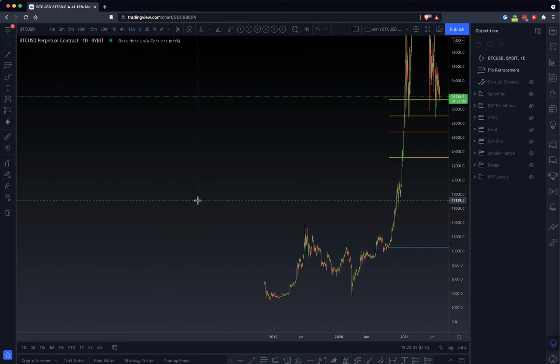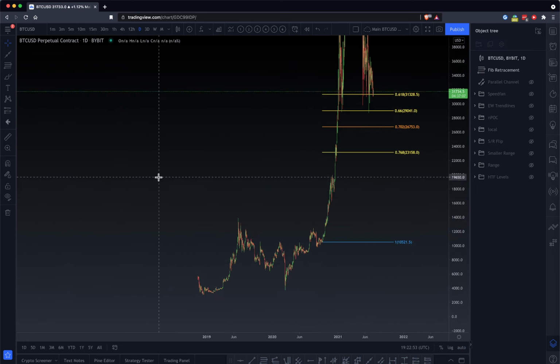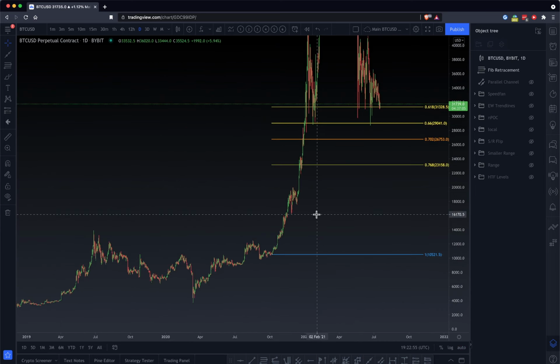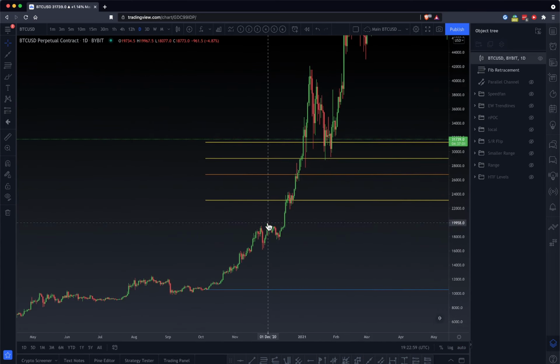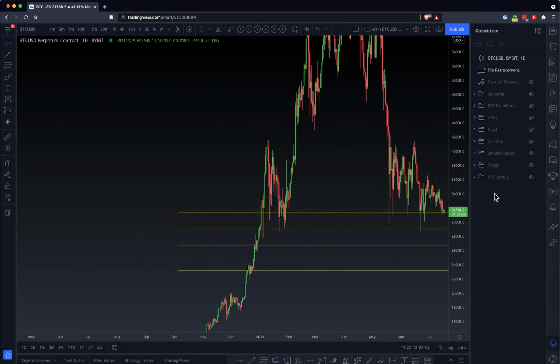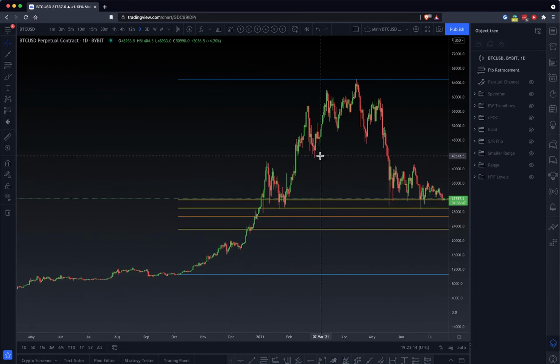Also here I don't have that, but this region is the previous all-time high. Everyone is looking for around 20k. If we get down here, I would be very cautious. You can see even here that a lot of people are looking for this support-resistance area, and then we just go bam.